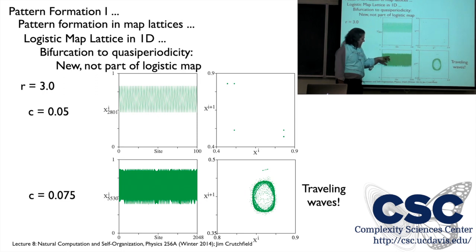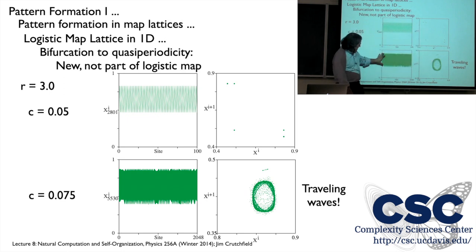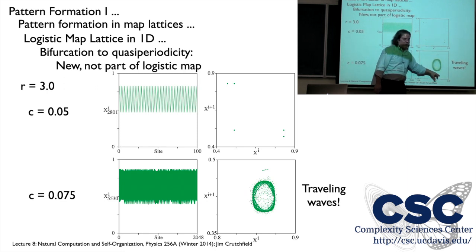So what happens in the logistic lattice, and this is not something that we anticipate, is that for things that are period 2 and bands and so on, I can concoct an explanation and even think of a way of calculating properties like I've been talking about. But this spatial modulation is quasi-periodic, and we end up with essentially a torus attractor here.